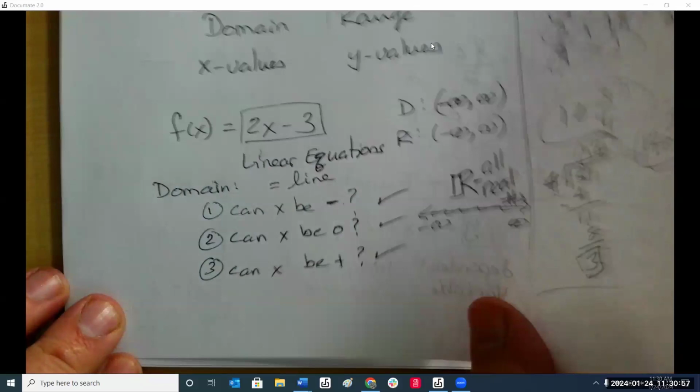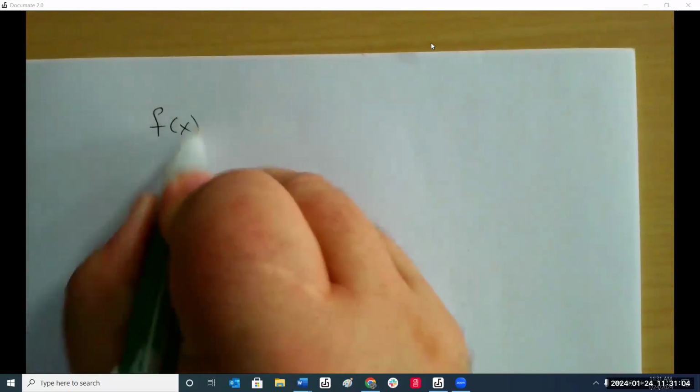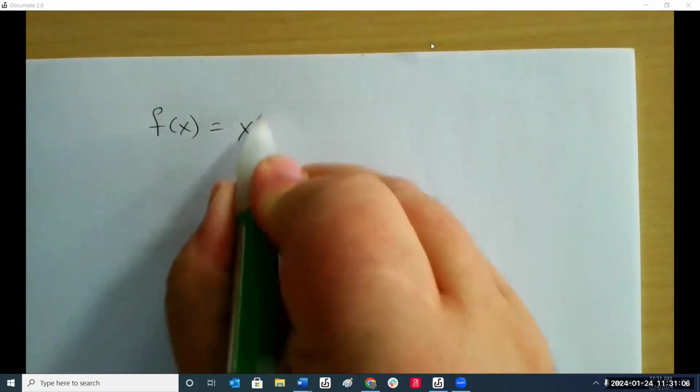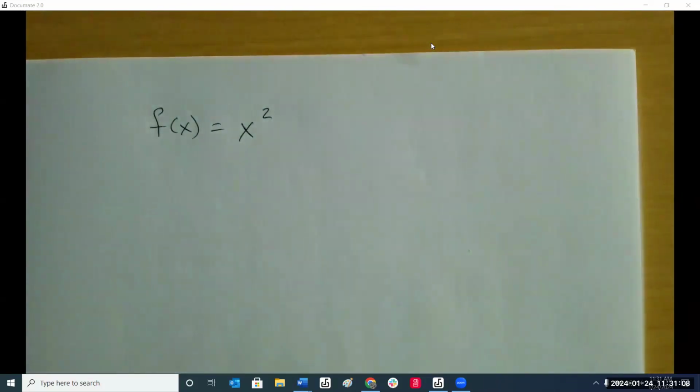Glad you said that, because now what this means is, what about this function? Why is it called a quadratic? And what does that mean?